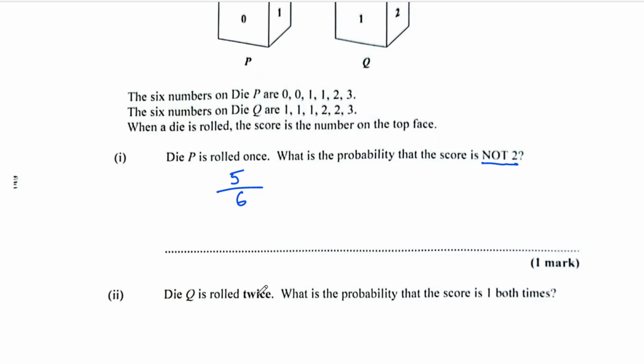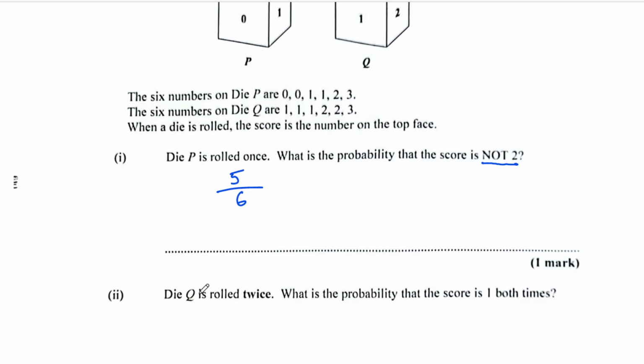Sometimes they would tell you it is rolled twice, sometimes they would use the word and, sometimes the word then. So anytime we see something happening more than once, or they use the word and or then, they call it independent events. To find this out, we need to define the probability of them occurring each time, and then we need to multiply them.